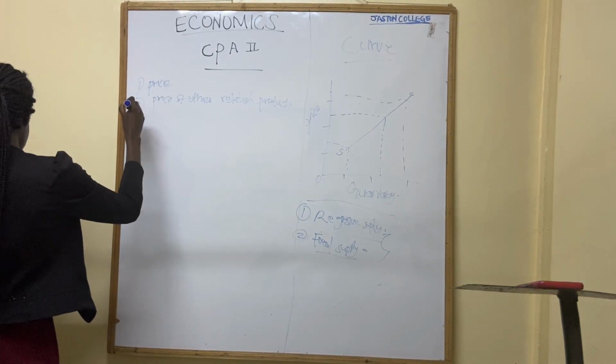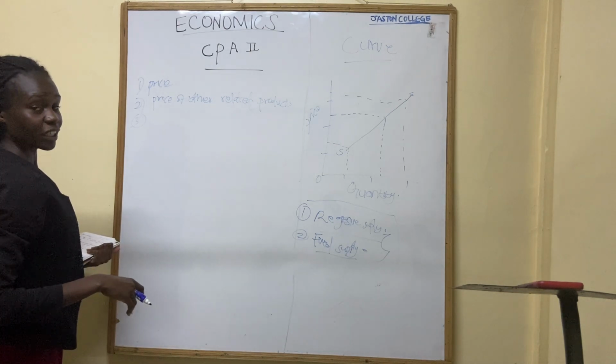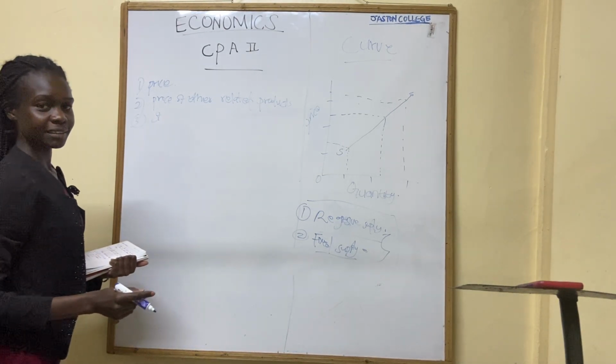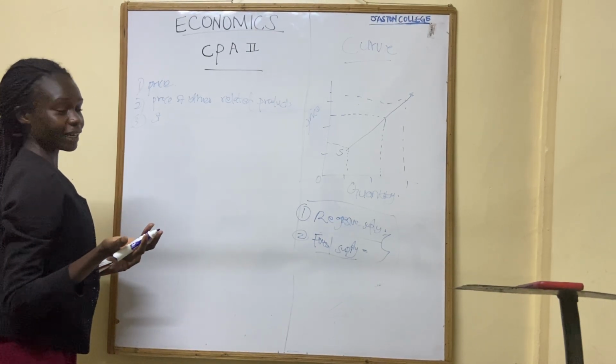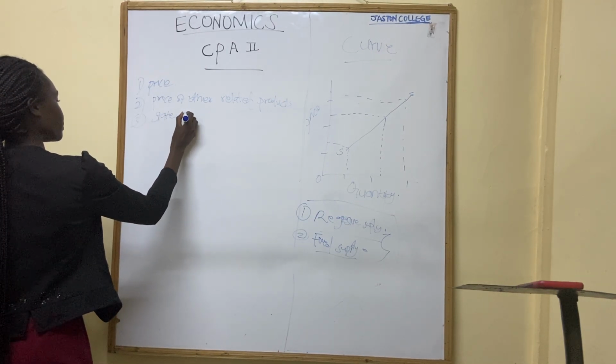The third one is the state of technology. When a farm has standard technology, their supply will be higher.